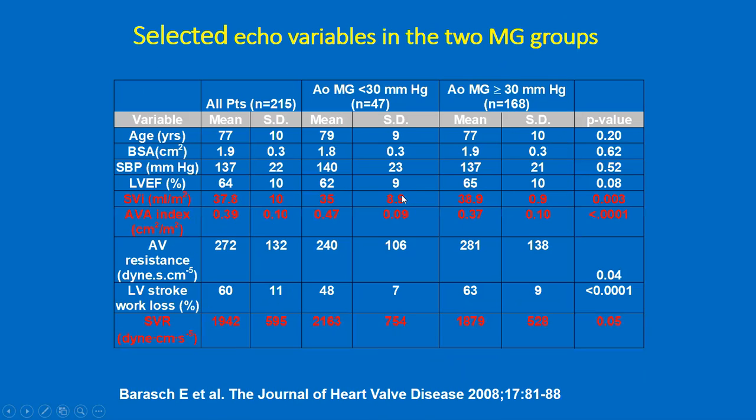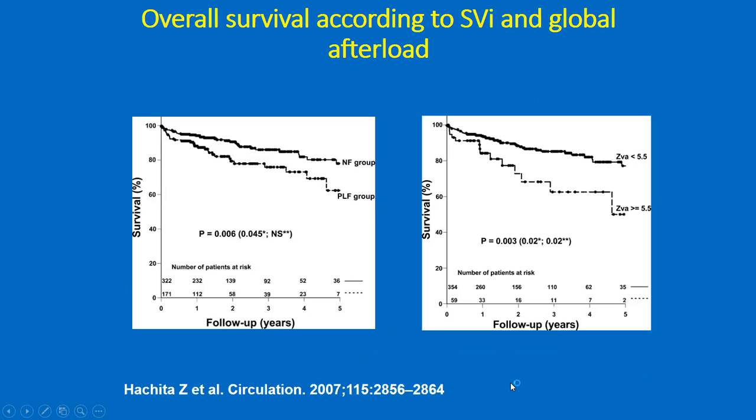Our group reported a few months afterwards in 2008 a cohort of patients divided by mean gradient less or more than 30 millimeter mercury. Those patients with less than 30 millimeter mercury had lower stroke volume index and higher systemic vascular resistance than the other group. Overall survival in patients who have paradoxical low flow is poorer than those with normal flow.